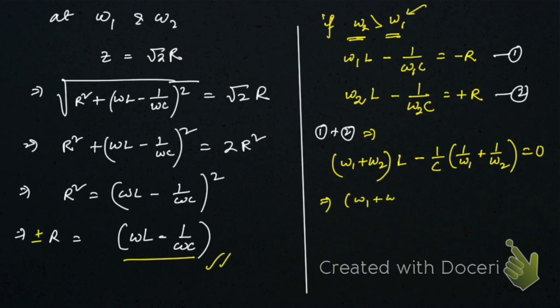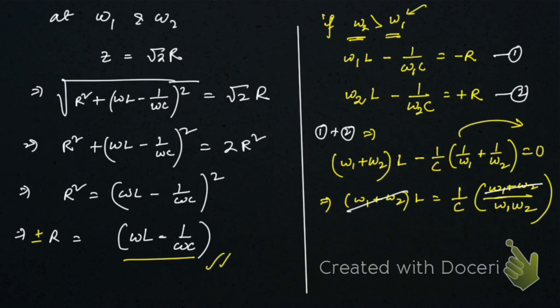omega 1 plus omega 2 into L on one side. If you take this term to the other side and simplify 1 by C, here omega 1 plus omega 2 over omega 1 into omega 2, that's what you're going to get. So here omega 1 plus omega 2 cancels, and we have got L is equal to 1 by C, 1 by omega 1 omega 2.